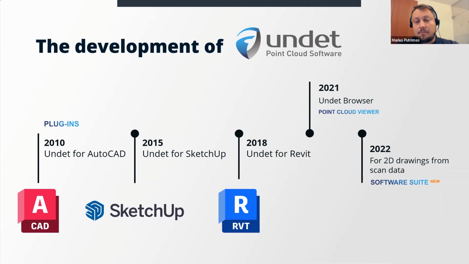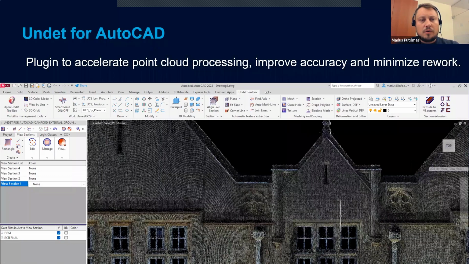And at the end of this month, we will release a new solution. It will not be a plugin, it will be a software suite to convert point clouds into 2D drawings. About that, we'll have several webinars, but they will be in October. So today let's focus on Undet for AutoCAD.